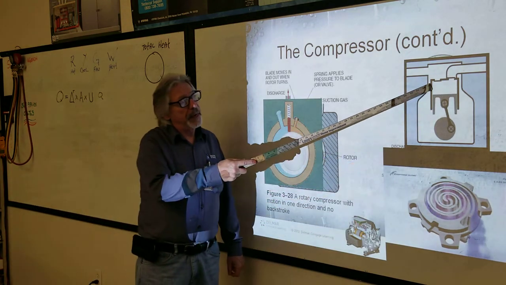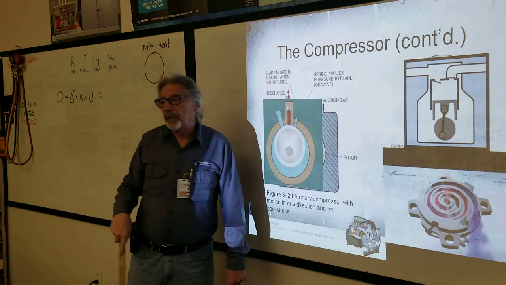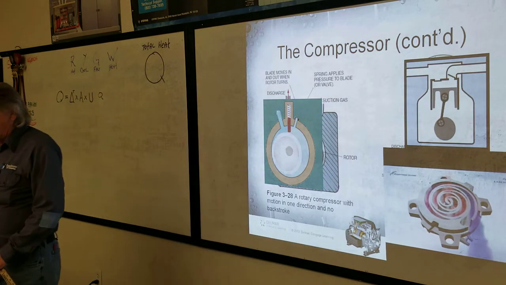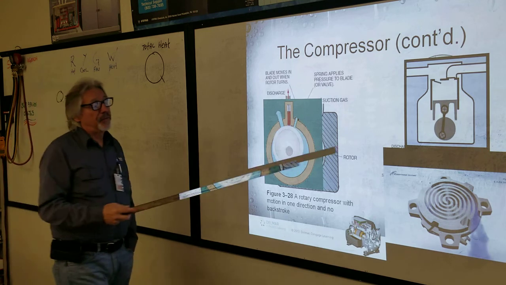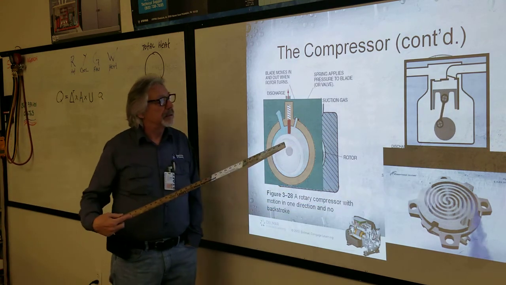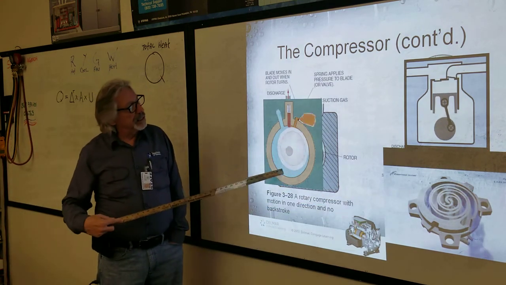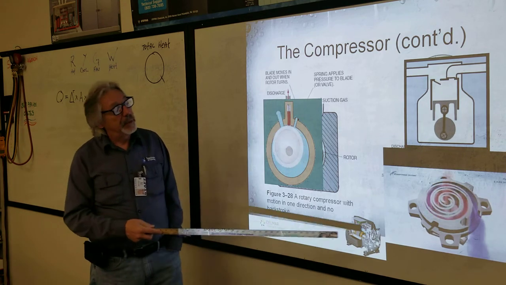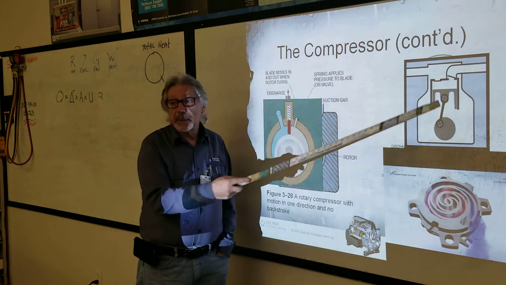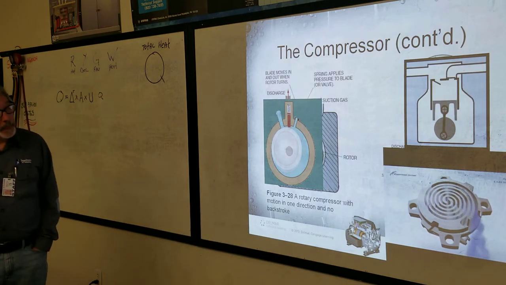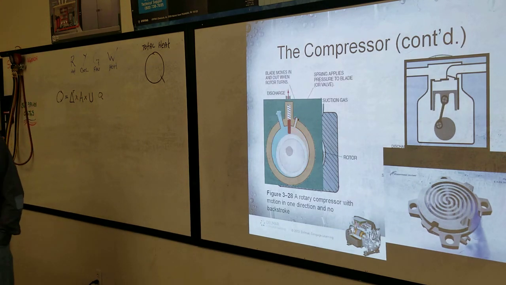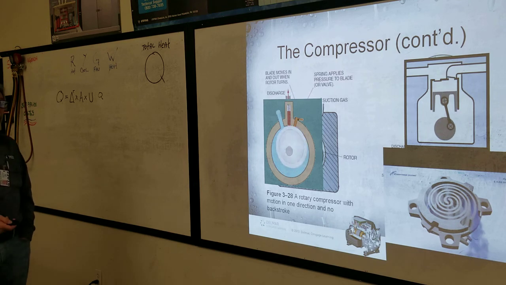That space is called clearance volume. That's the only compressor that will have clearance volume, which makes it not as efficient as these, because these don't have any clearance volume. See that? We good with that so far?